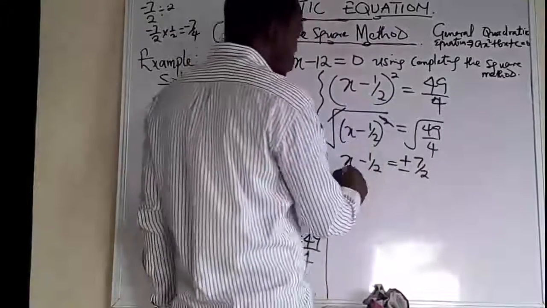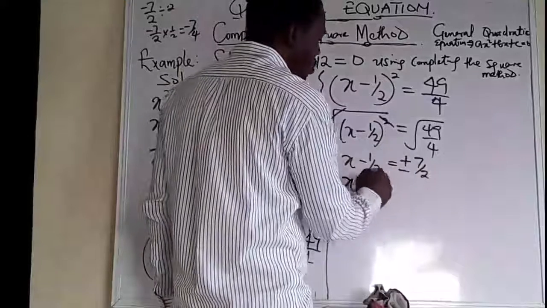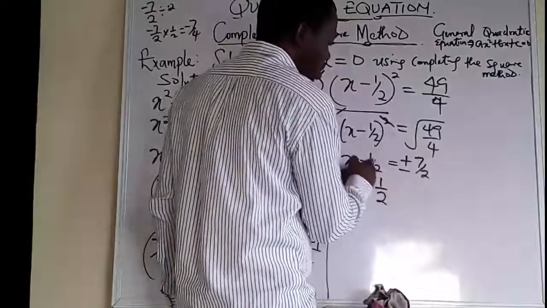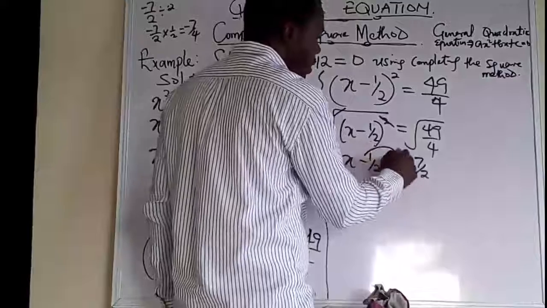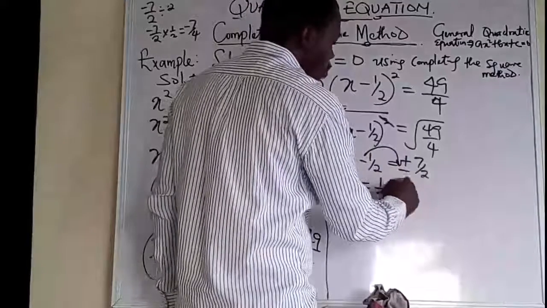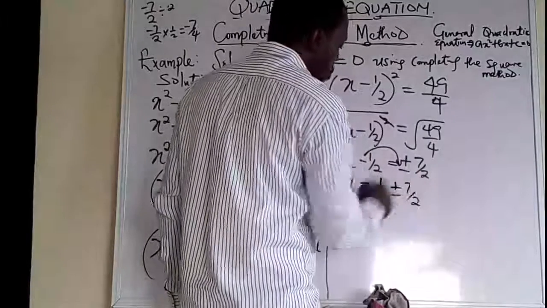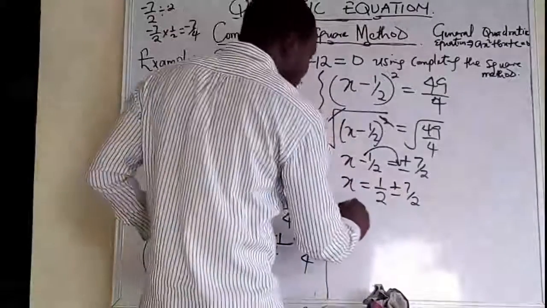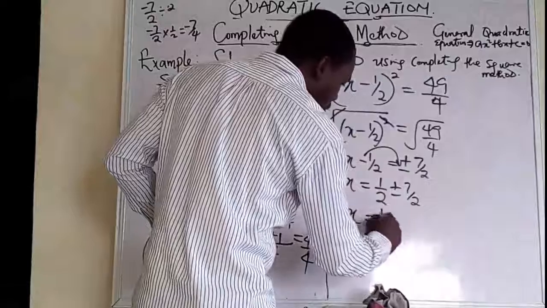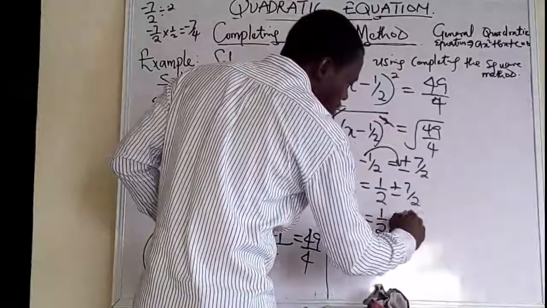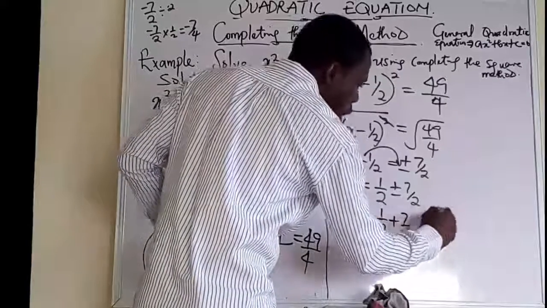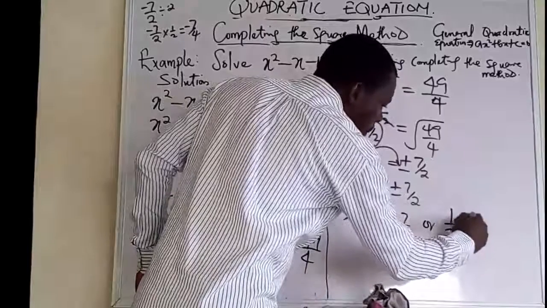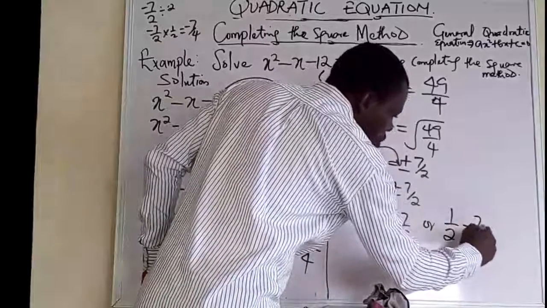And what do we need to do now? We move the minus 1 over 2 to the other side, and it turns to plus, so x equals 1 over 2 plus or minus 7 over 2. Now we have two signs, so we break it into two. x equals 1 over 2 plus 7 over 2, or 1 over 2 minus 7 over 2.